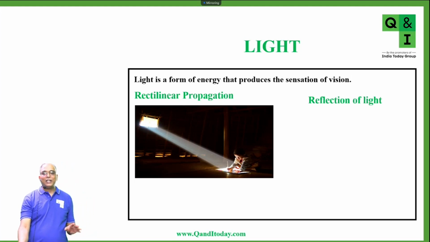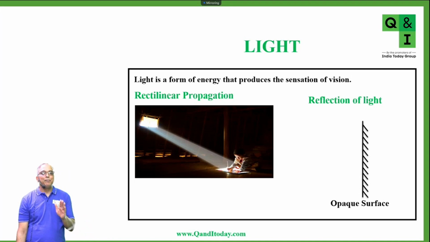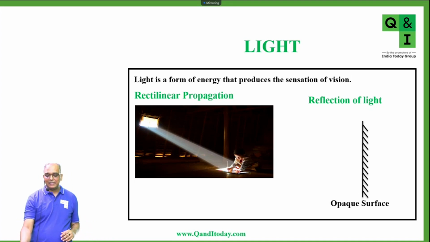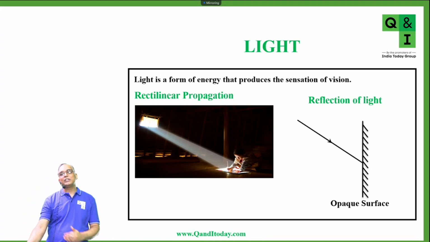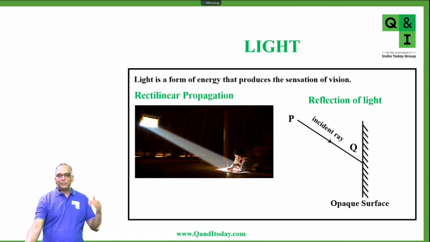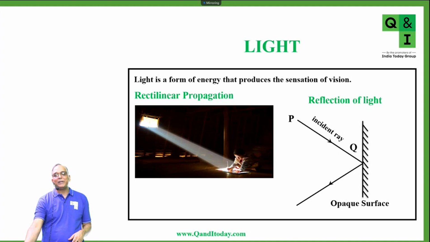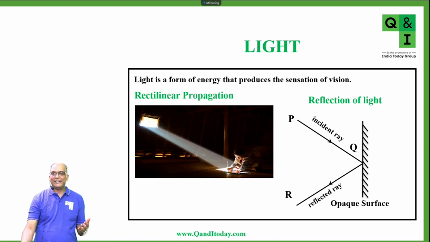Reflection of light. Now let us understand what reflection of light means. Whenever there is a plain opaque surface, the light ray which falls on this surface is called the incident ray. The point at which this light ray is incident is called the point of incidence. And the light ray which gets reflected from this opaque surface is called the reflected ray.